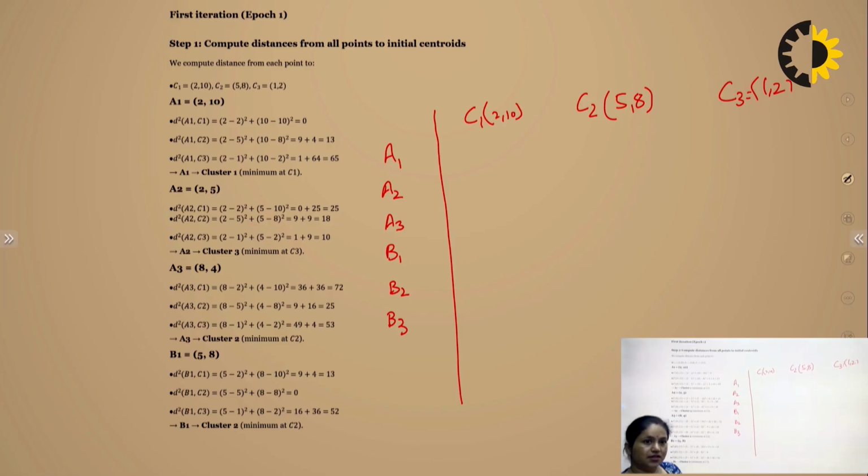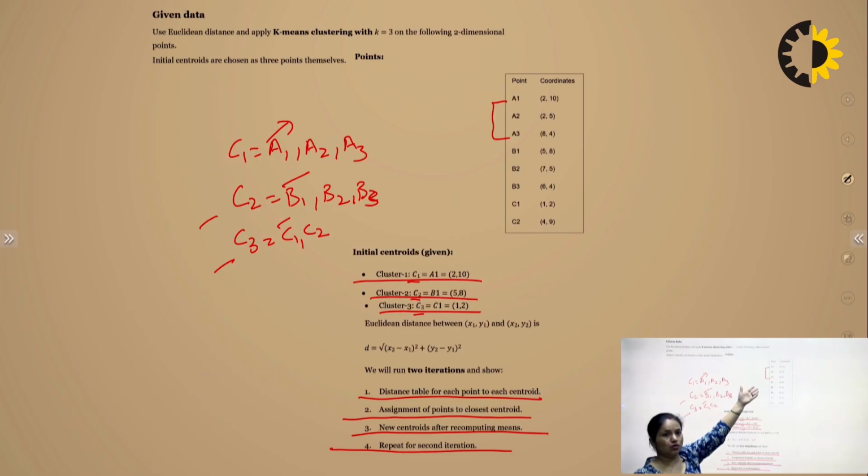Let's calculate the distance. C1 and this is x, y, this is x, y, x, y. And here is x1, y1, same here. We know A1 has the value 2, 10, as we can see here also 2, 10.